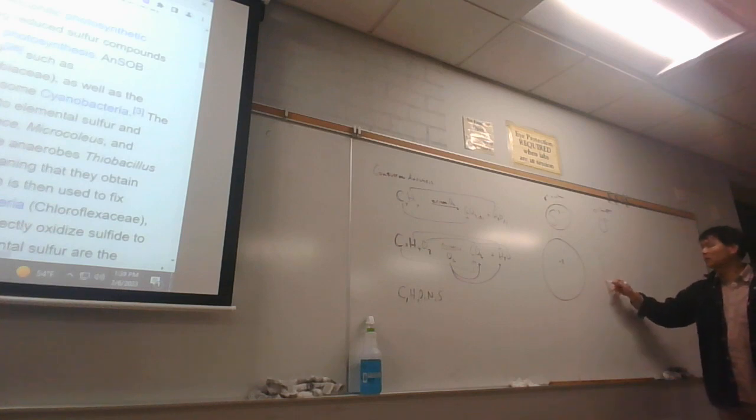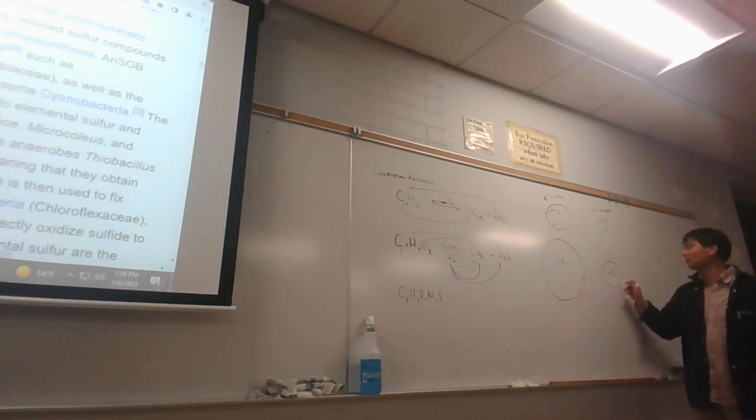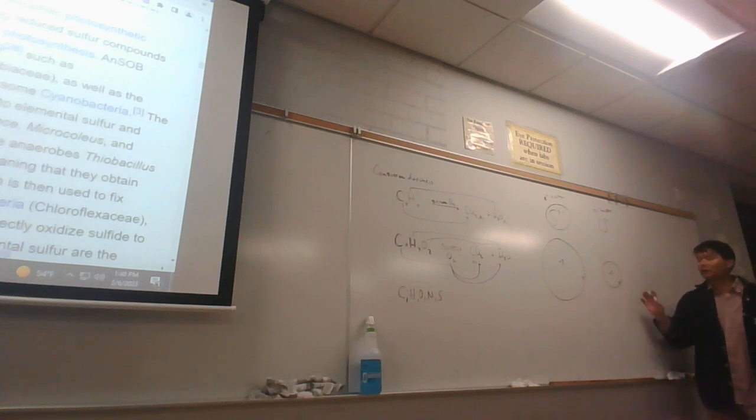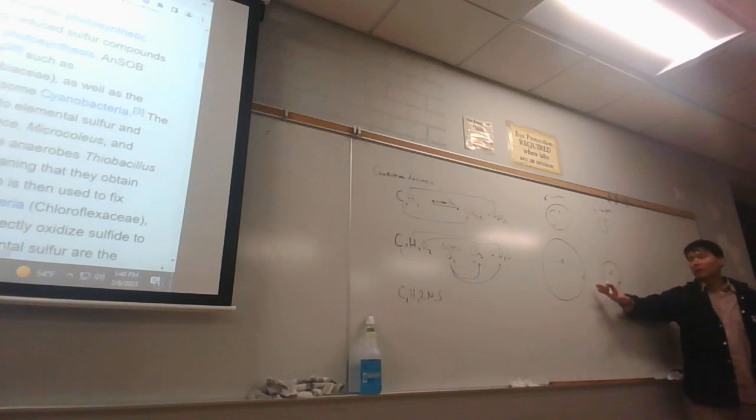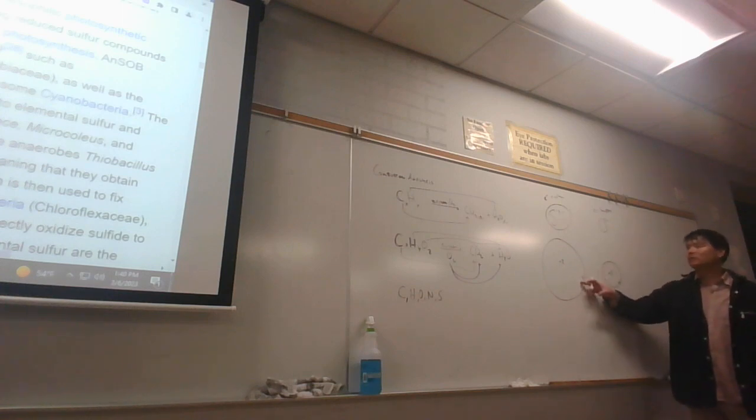Smaller. So if you're trying to pluck the outermost electron, which one is easier going? Which one's going to be easier to take that electron from? The big sulfide or the smaller oxide? Sulfide. And so this is much easier to oxidize.